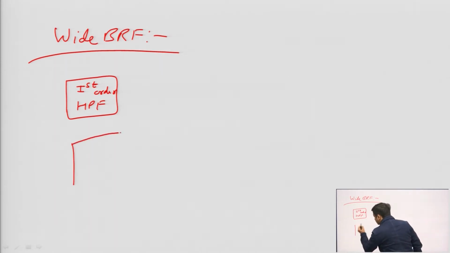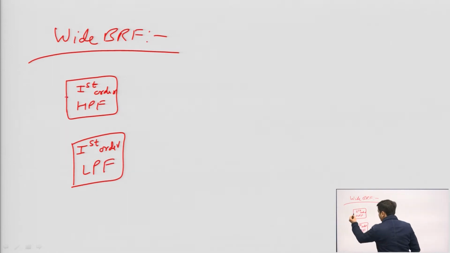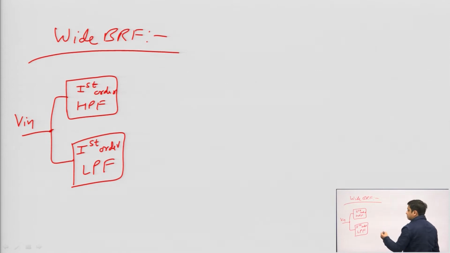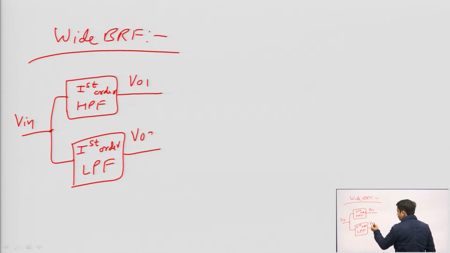We take a first order low pass filter, and we apply the same input signal at the first order high pass and first order low pass filter. Then let us say we are getting the output voltage VO1 from the first order high pass filter and the output voltage VO2 from the first order low pass filter.